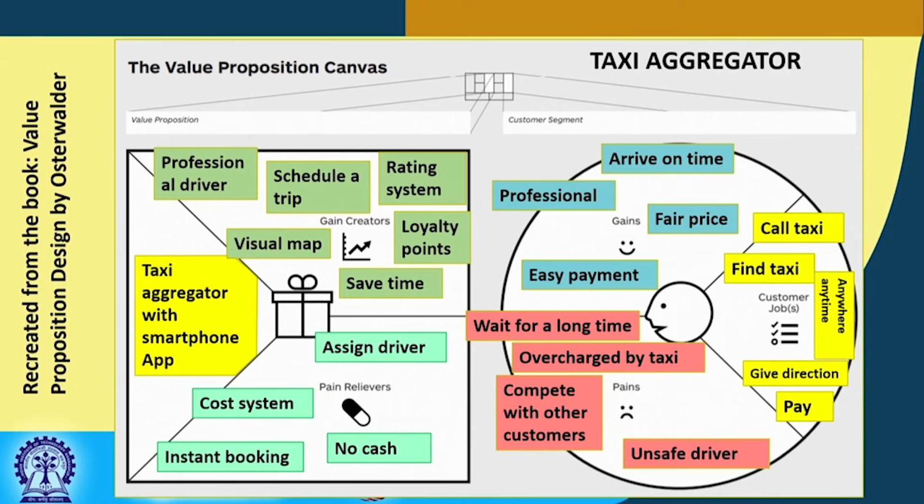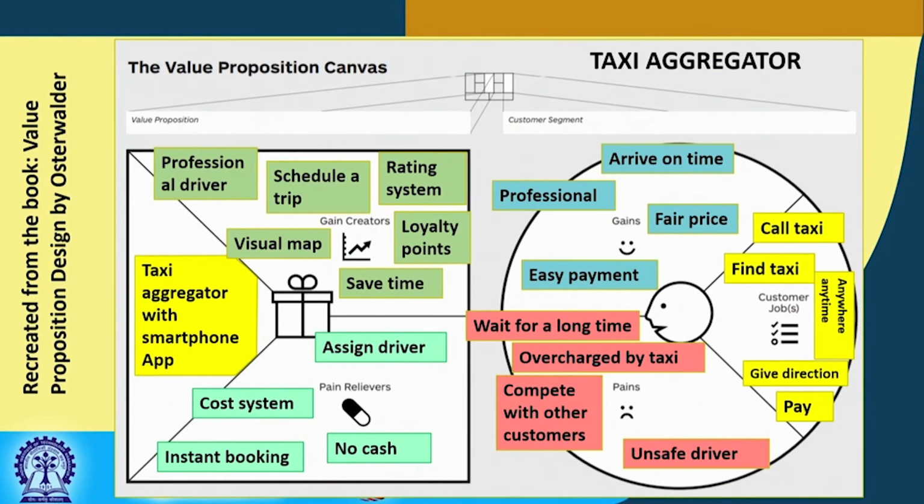Just by clicking on the app, they capture your location and immediately identify the nearest taxi driver, and with the shortest possible time, without even traveling to the taxi stand, the taxi is in front of you, and this driver is registered with the company. So, you feel safe, and there is no cash transaction involved. You can just swipe your card, or you can have a digital wallet or something.